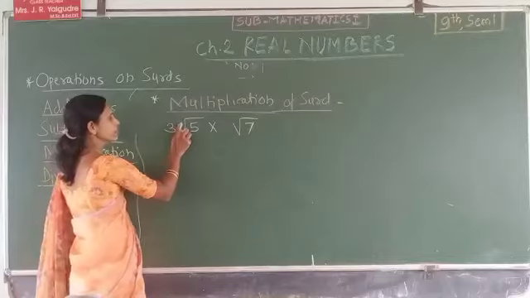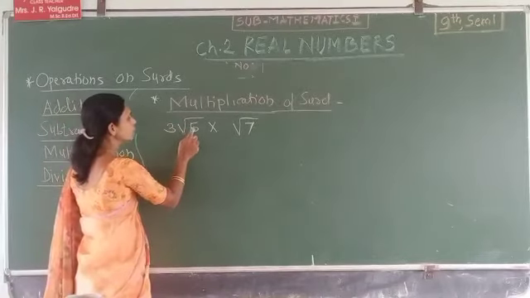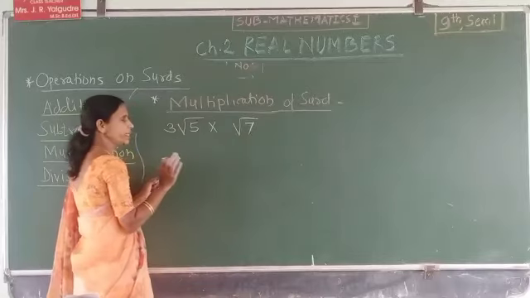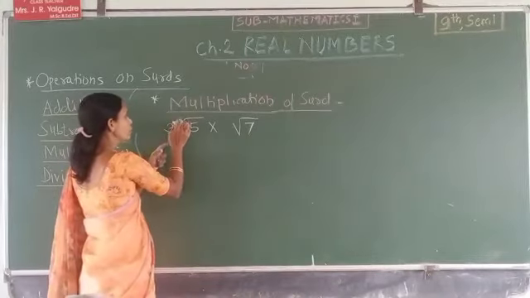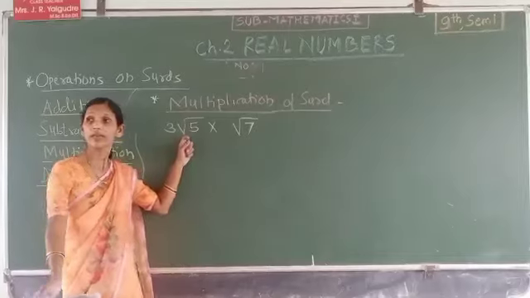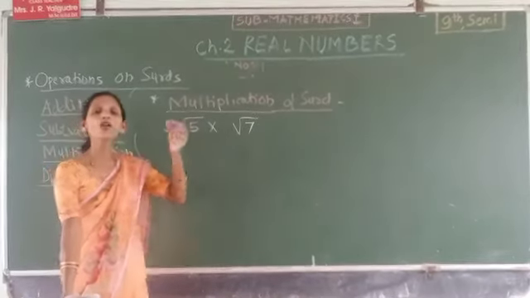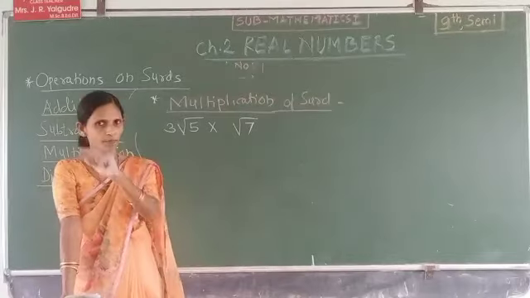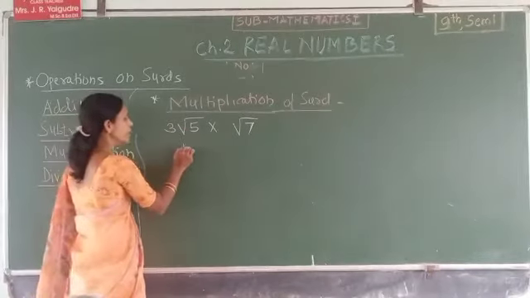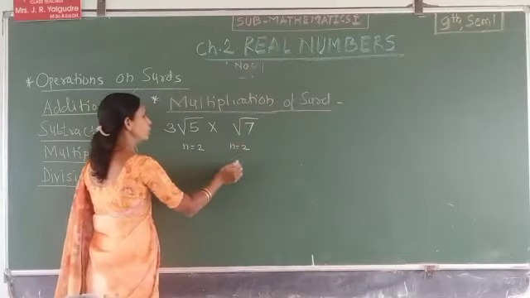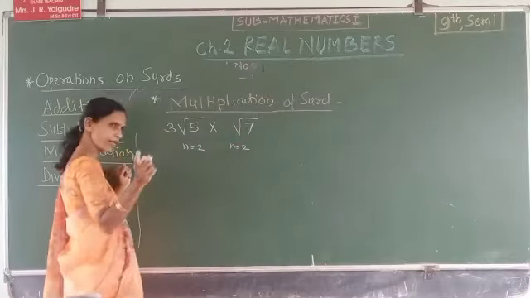Then see here, 3 root 5 into root 7. One care is to be taken here, that is, only the order of the surds should be the same. See here, n is equal to 2 as well as here n is equal to 2. But the radicands are not the same.